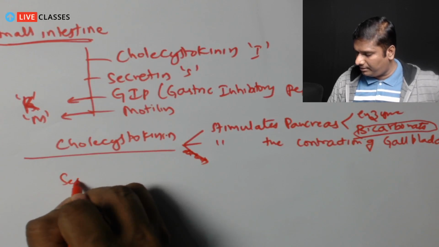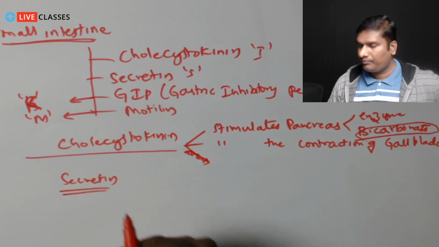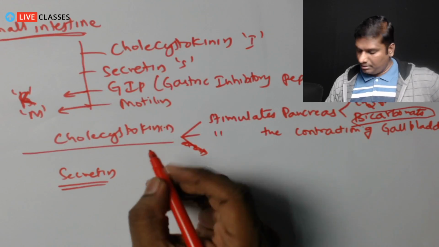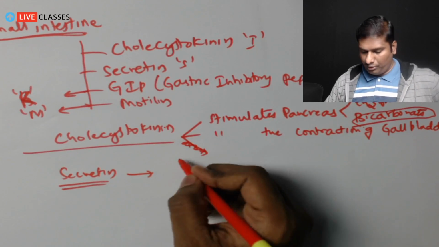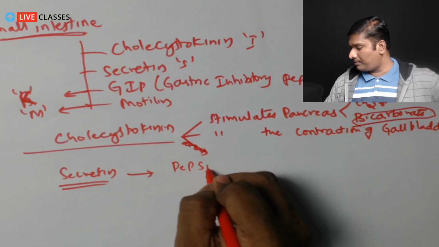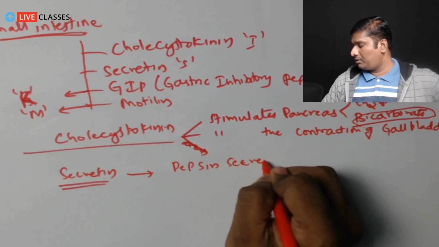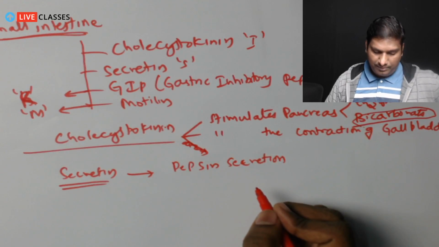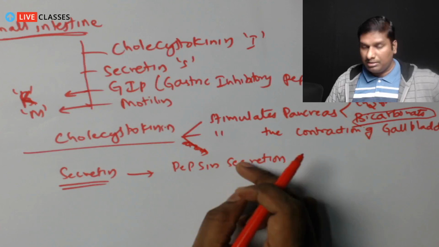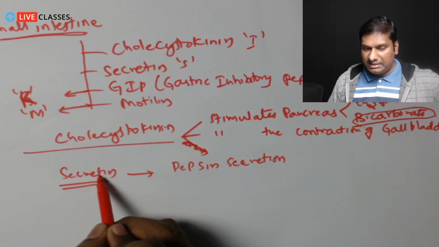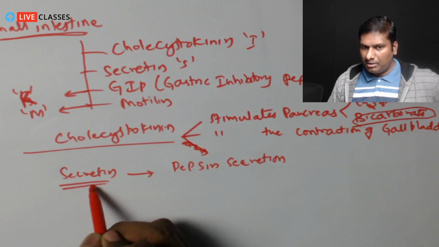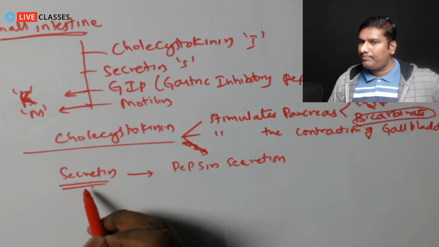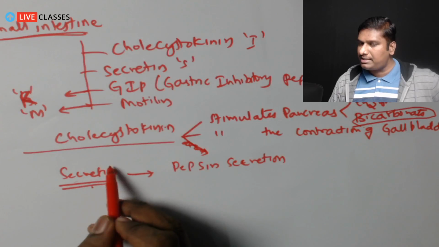Then you have secretin. What will secretin do? It plays an important role in the pepsin secretion. We know that pepsin is secreted from the stomach. Even though this secretin is released in the small intestine, you know very well that all the endocrine hormones are released directly into the blood.